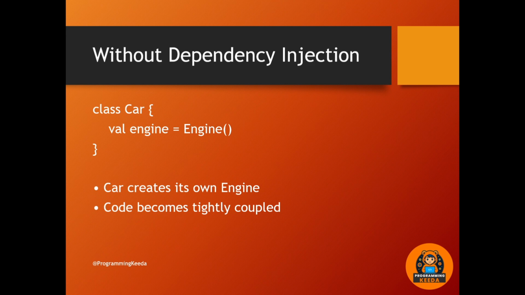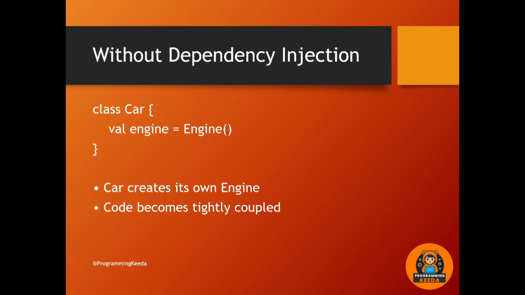Without dependency injection, let's now look at a scenario where dependency injection is not used. In this case, the car class creates its own engine object inside itself. This means the car class is responsible not only for the driving logic, but also for creating the engine.